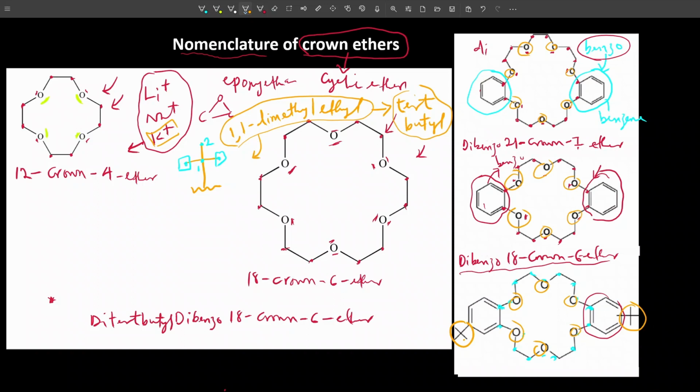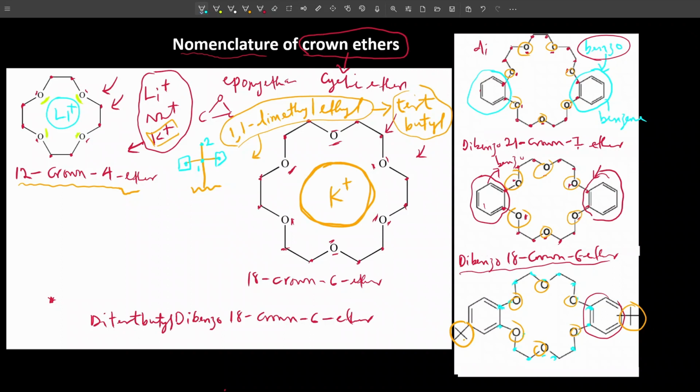Do you understand? But we can fit a potassium ion in an 18 crown 6 ether. So potassium ion will fit perfectly in an 18 crown 6 ether. But for a 12 crown 4 ether, we can't fit in potassium ion due to its size. But we can fit in something smaller. We can fit in lithium ion, if you get the idea.